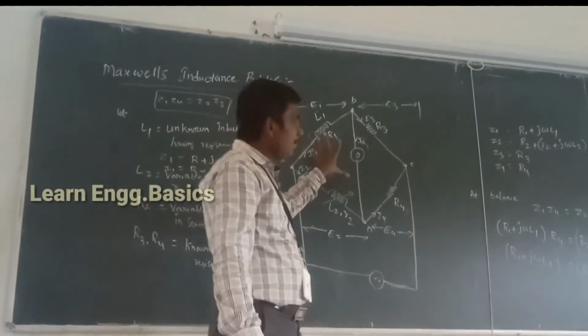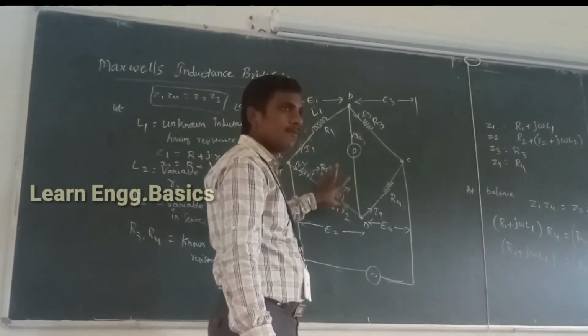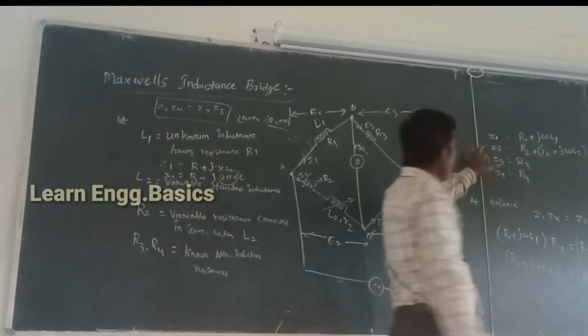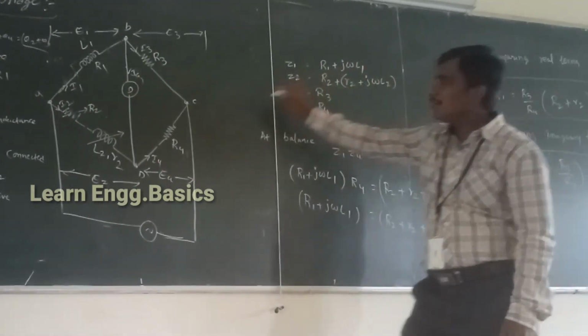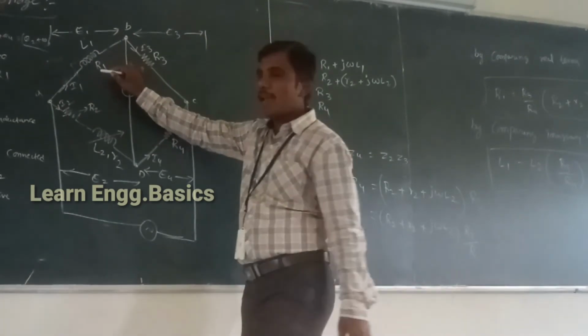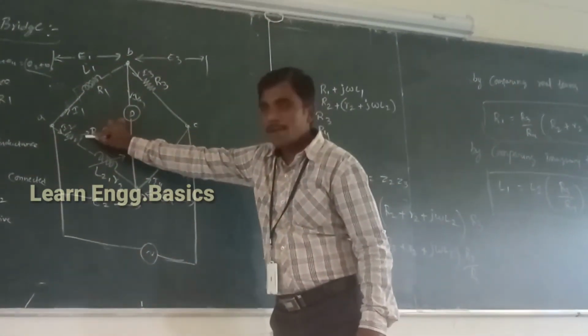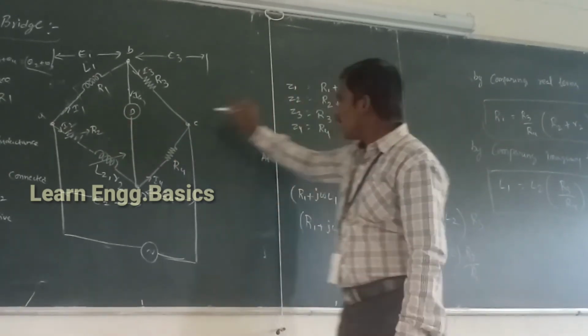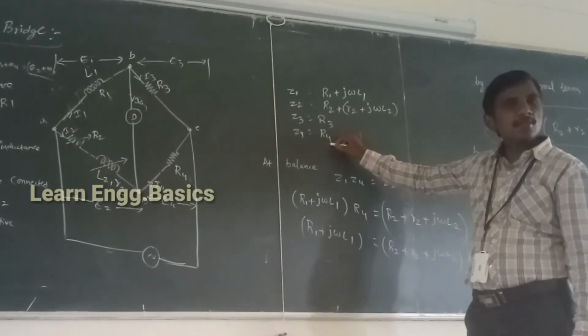From this bridge, we have to find the impedance of each arm. Z1 is R1 plus j omega L1, the arm impedance having internal resistance R1. Similarly, Z2 is R2 plus small r2 plus j omega L2, Z3 is R3, and Z4 is R4.